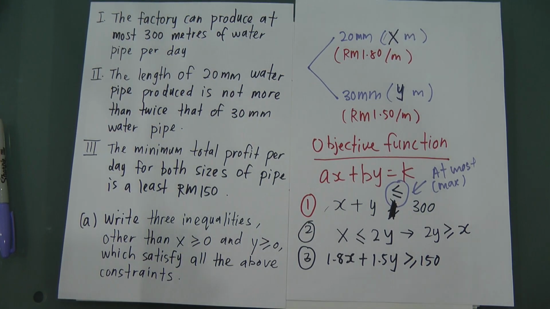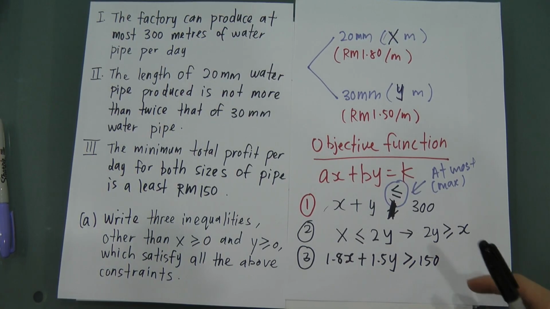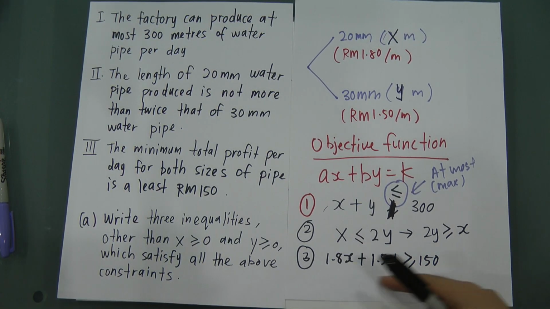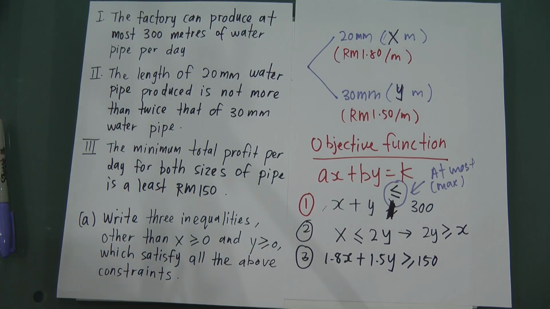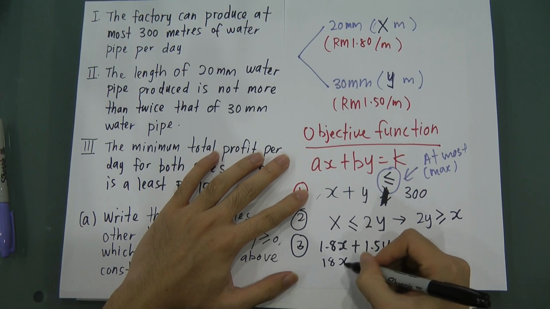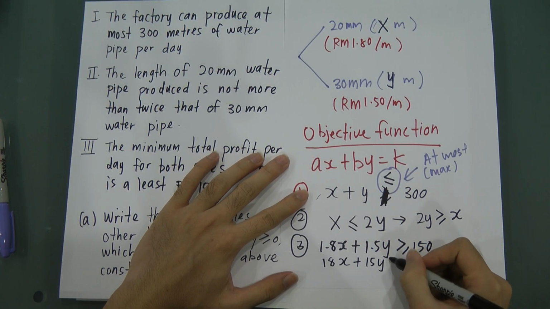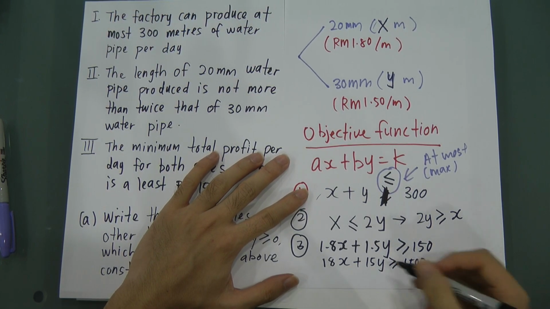But when you got decimals, you make sure you try to simplify the equation. So let's simplify this equation. When we simplify, I multiply by 10 and I will get 18x plus 15y, at least 1500, and then maybe I can divide by 3 again.